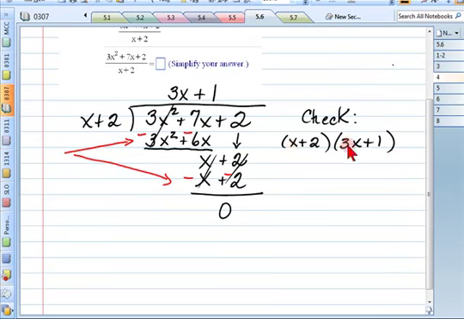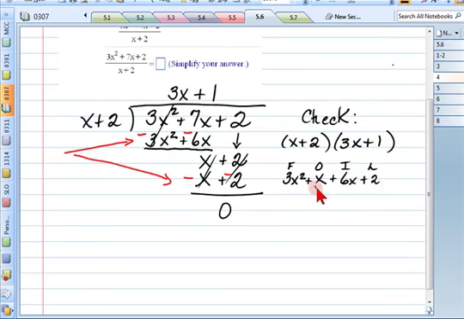The product of the first, x times 3x, is 3x squared. The outer product, x times 1, is x. Inner product, 2 times 3x, 6x. And product of the last, 2 times 1 is 2.